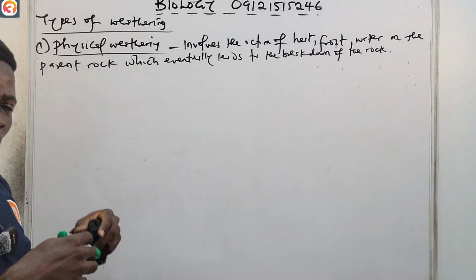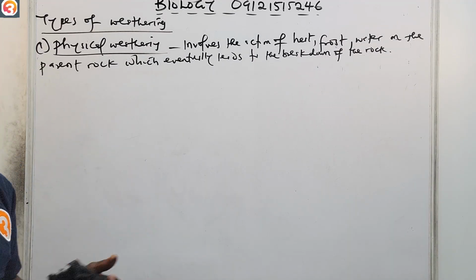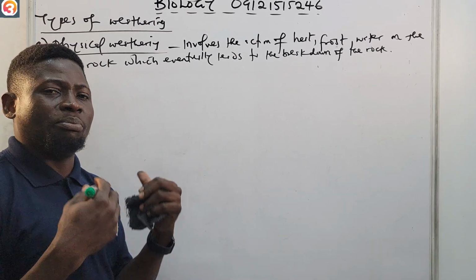Now, what about chemical weathering? For chemical weathering, it is the action of chemicals like acids, which eventually also leads to the breakdown of the rock.